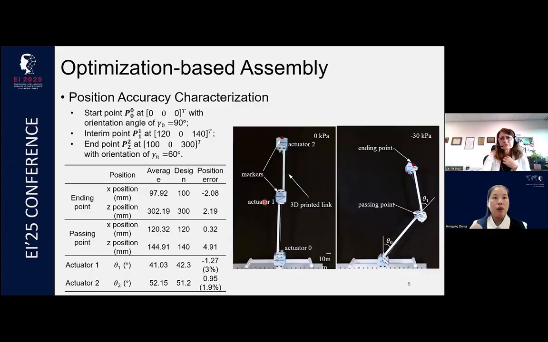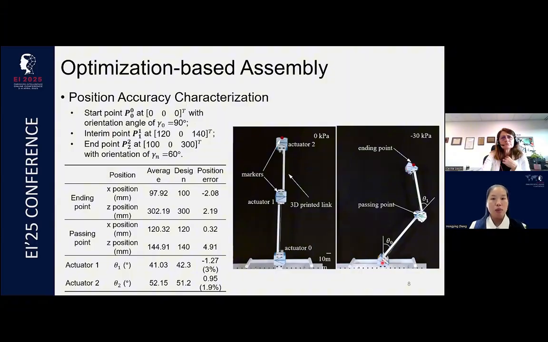Firstly, we want to characterize the position accuracy of this system. We built a three-actuator manipulator, and inside this one, we set the starting point as 0, one passing point somewhere here, and one end point. Based on our two-step optimization method, we can determine the geometry for all three actuators.